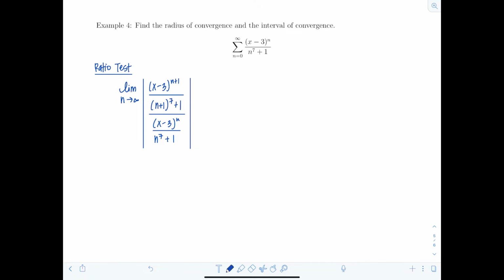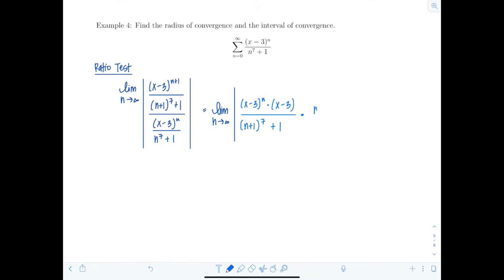Okay, so let's see how we can clean things up. I'm going to have the limit as n approaches infinity, absolute value, x minus 3 to the n plus 1. Let me write that as x minus 3 to the n times x minus 3, over n plus 1 to the 7th plus 1. I'm just going to leave it like that for now.